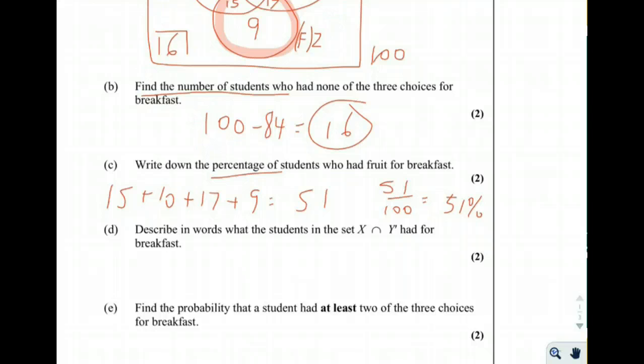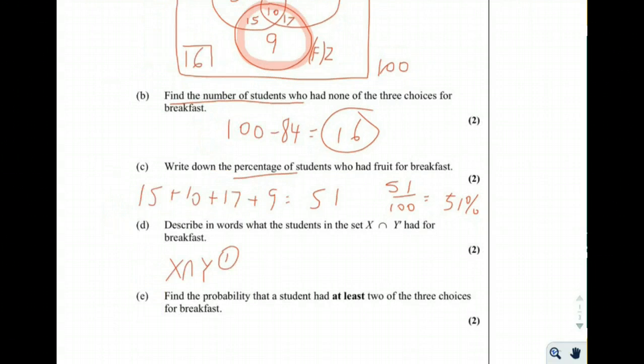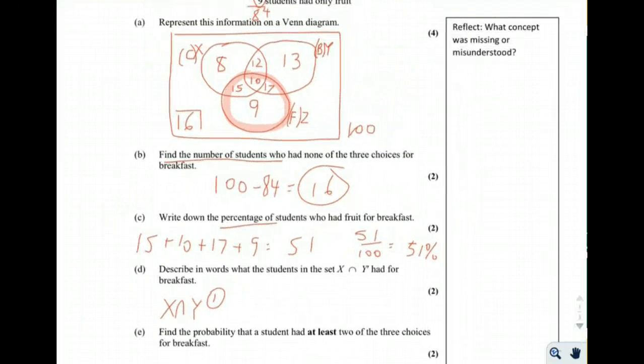Describe in words what the student in the set X intersect Y prime had for breakfast. Remember this symbol is complement, Y complement, so not Y. The only reason why this is hard is because they gave the names X, Y, Z instead of C, B, and F. If this was C, B, and F, it would be a little easier.